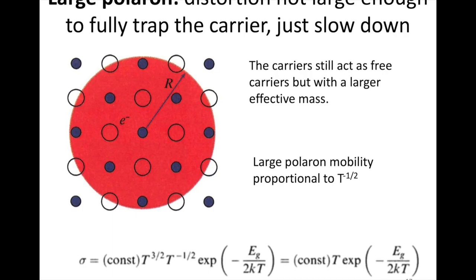Right? So if you remember from the density of states equation, that effective mass term, that's what we're talking about here. So it just slows down the lattice. And because of that, the mobility is proportional to T to the minus 1/2. So a different temperature dependence in this case because of the difference in interactions that we have.